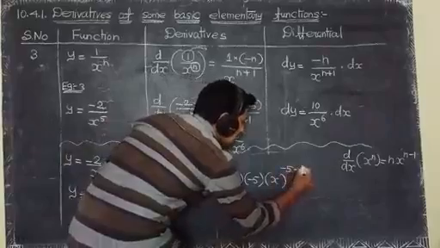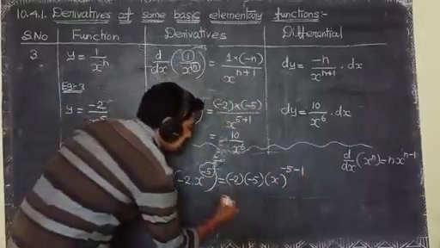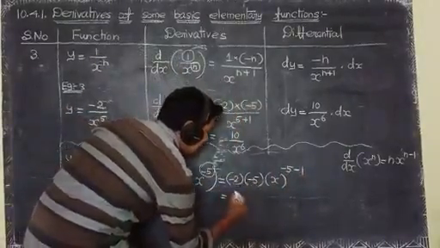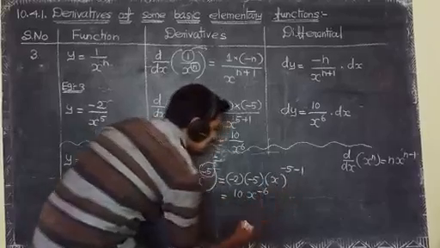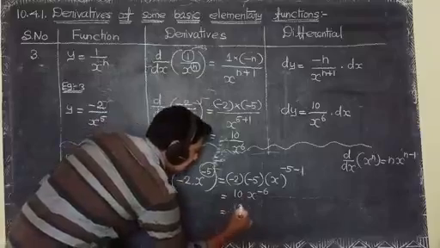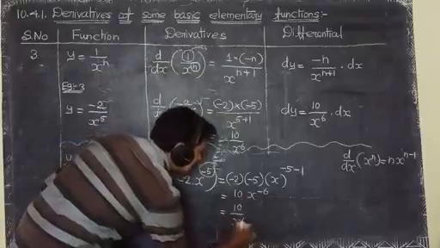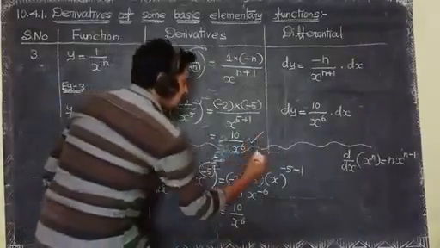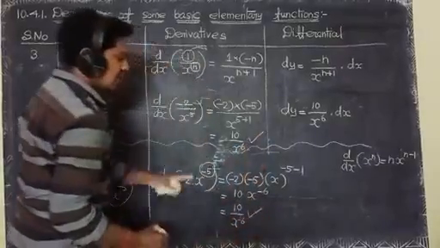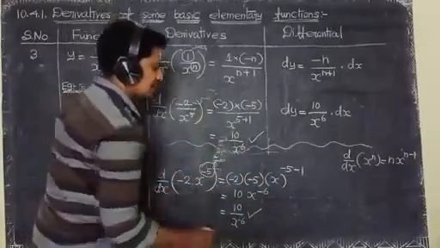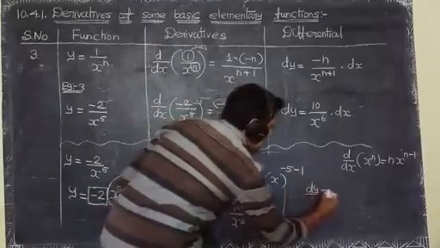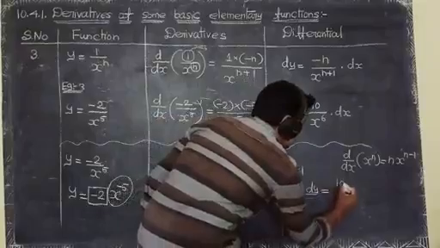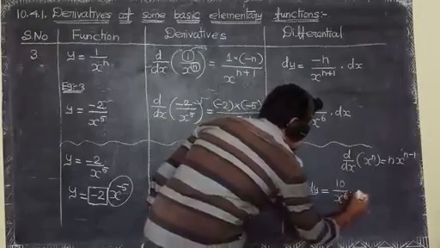That is minus of minus 2 into 5, which is 10 into x power minus 5 minus 1, which is minus 6, and can be written as 10 divided by x power 6. Both are the same. Then the differential is dy equal to 10 divided by x power 6 into dx.